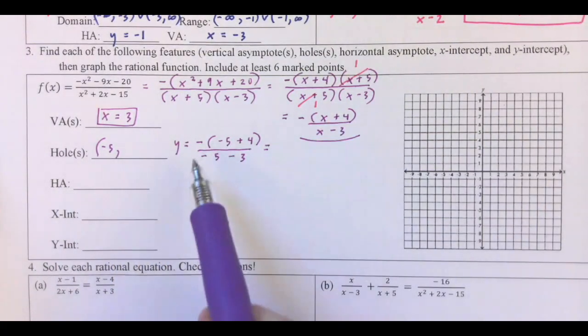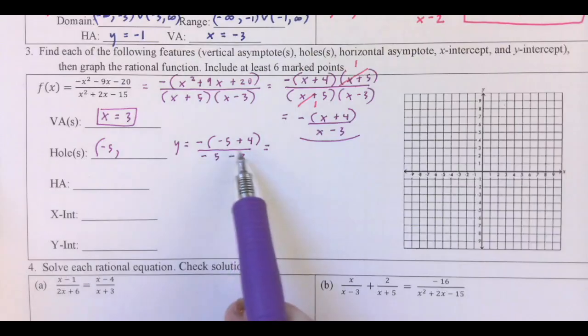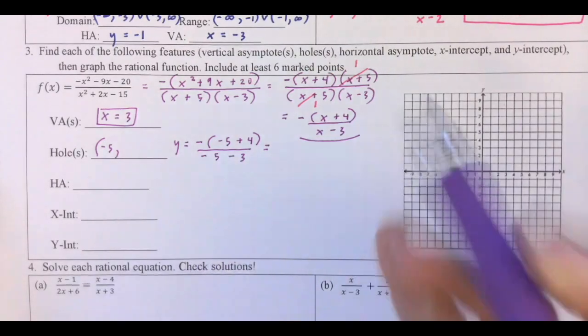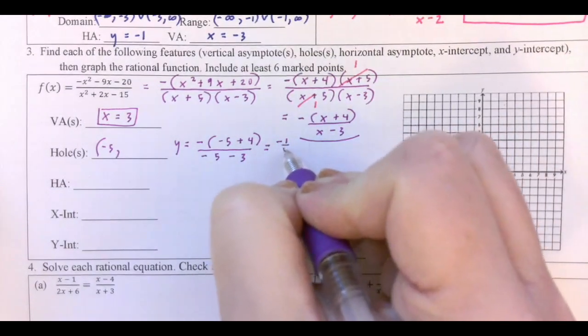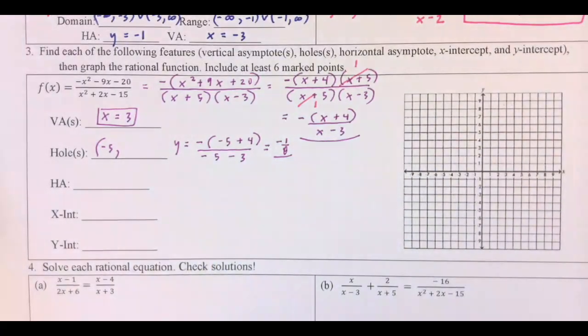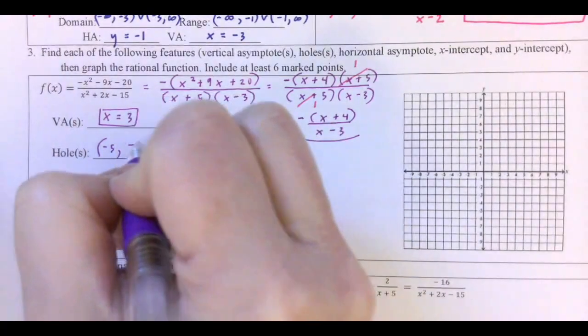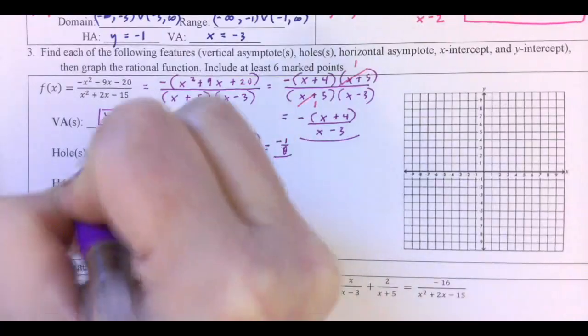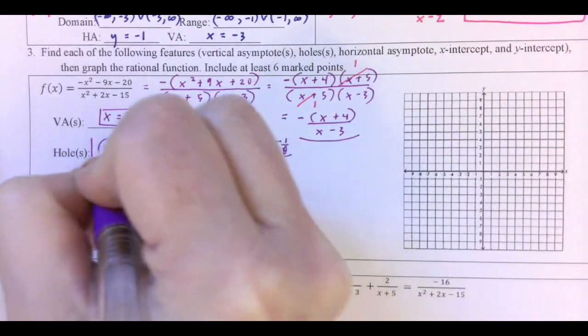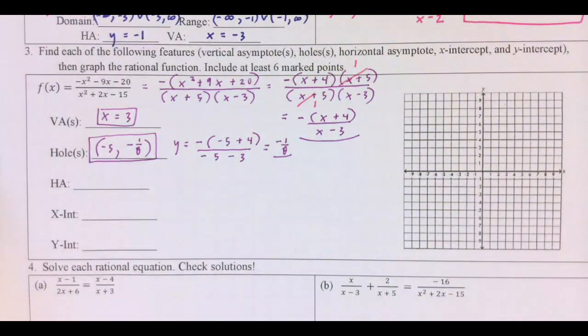Okay, so I have a -1 times a -1, so that's a +1 over -8. All right, so the output is -1/8. So that tells me my location of the hole: (-5, -1/8).